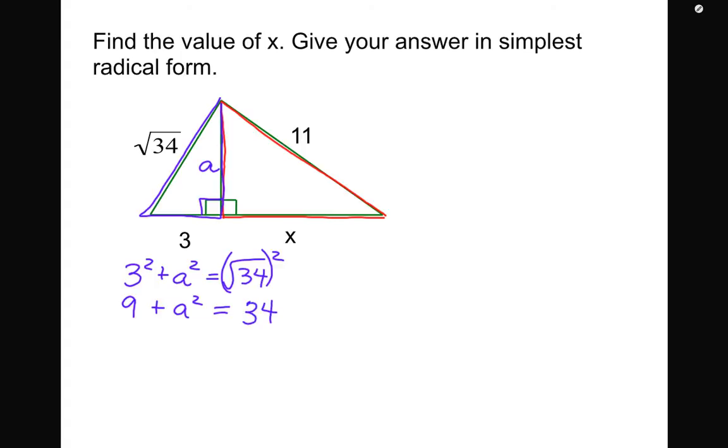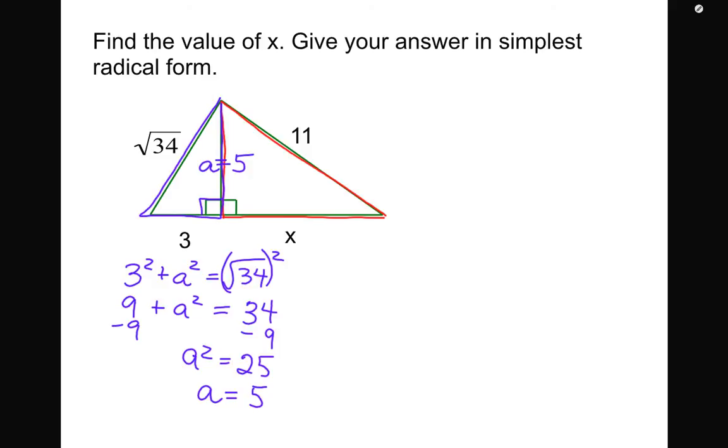The squaring and the square rooting will cancel each other out. Try it on a calculator if you don't have that. Okay, subtract 9 from each side. A squared is 25. Square root, using only the positive value for the length, so A is 5.